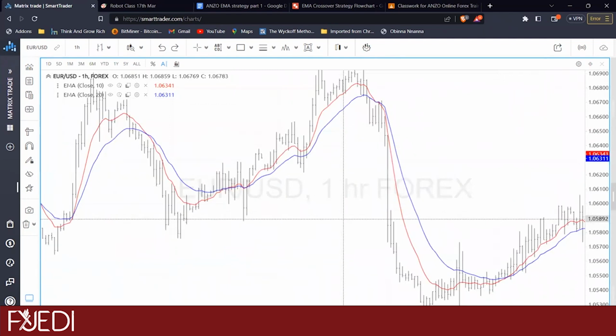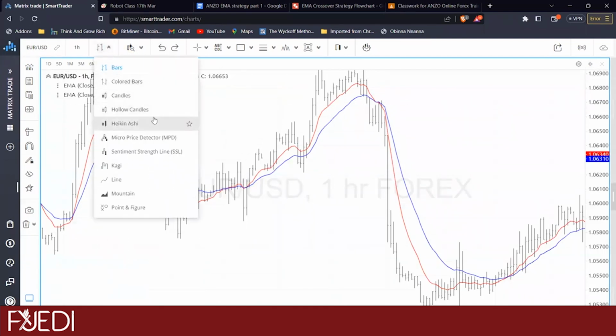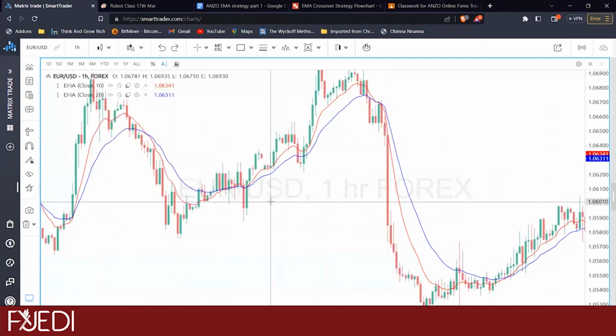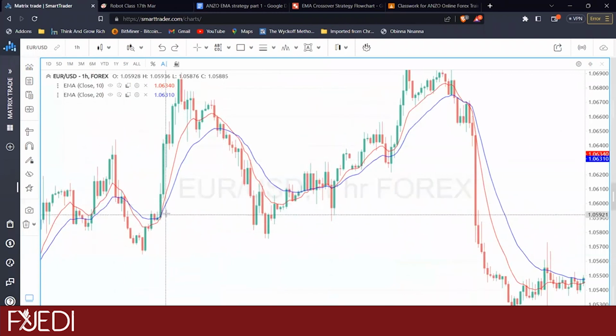The next point is, how do we decide when to enter? Let's make it back to normal candlesticks so that we can see it better. Now let's say we want to use the close of the candle.